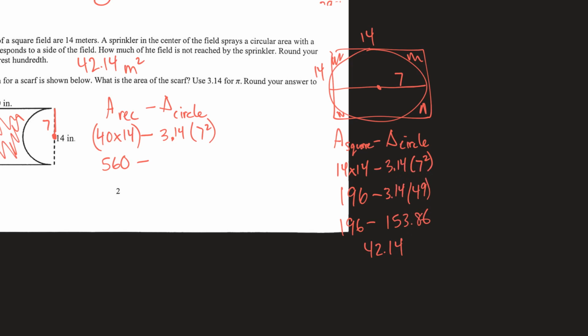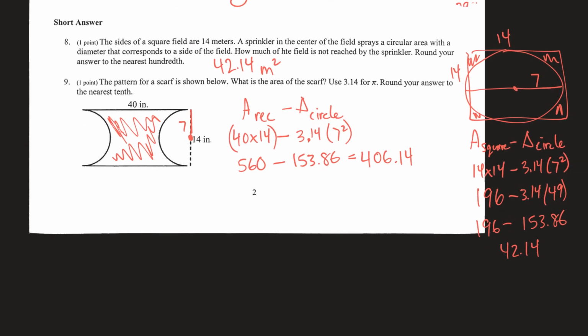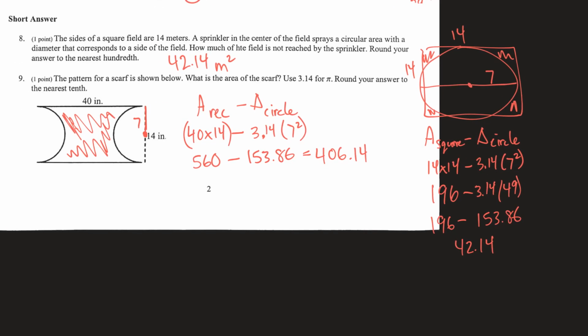So 153.86 would be that, and I'm subtracting that right now, and I get 406.14. Round your answer to the nearest tenth. So I look at this, and to the right, that means it's 406.1, and we are talking about inches, so square inches.